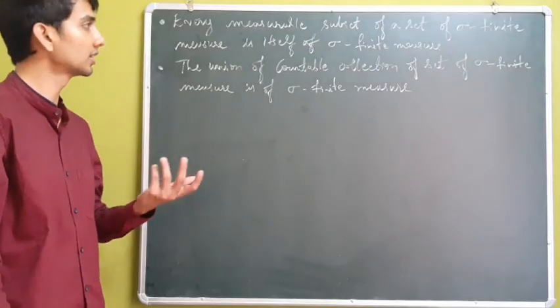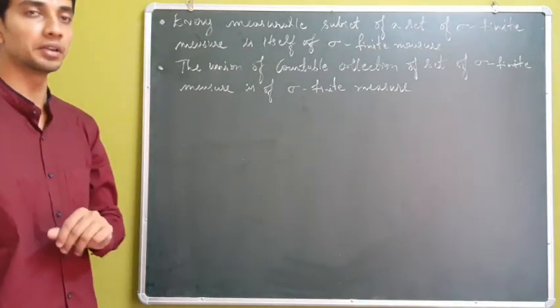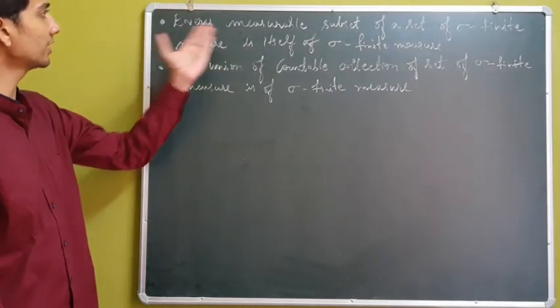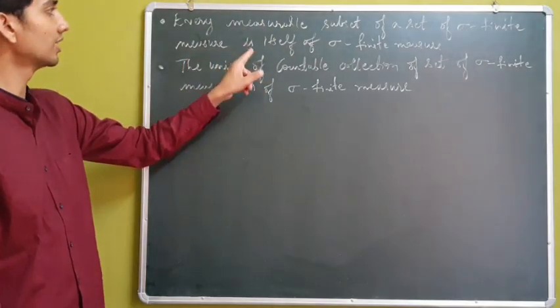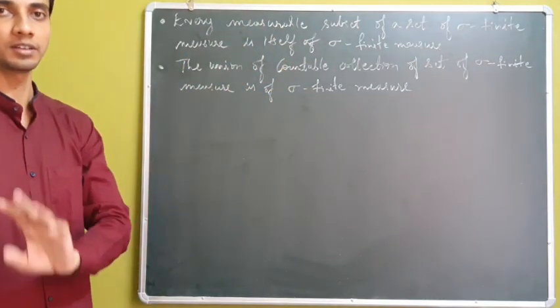We have two remarks regarding sigma finite measure, and for the first: every measurable subset of a set of sigma finite measure is itself of sigma finite measure.